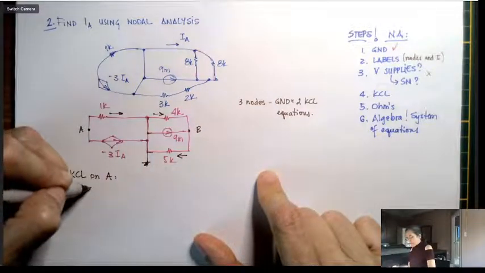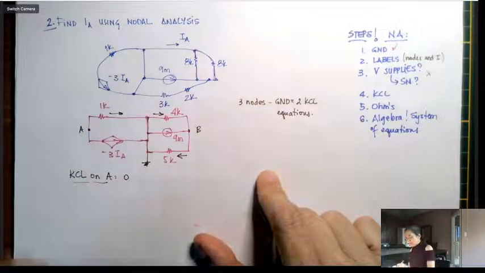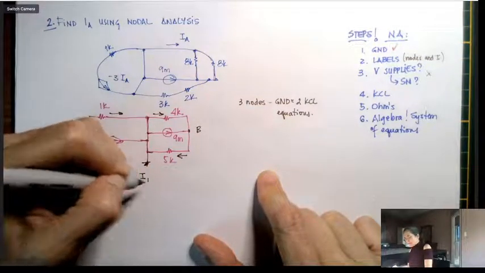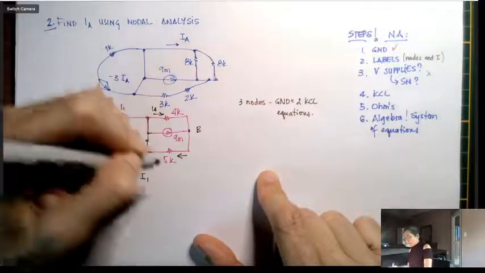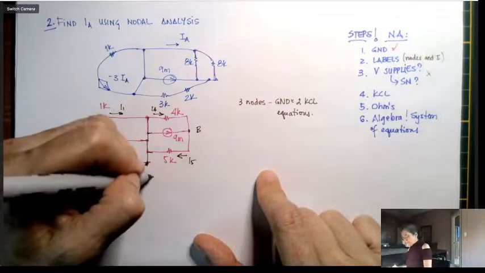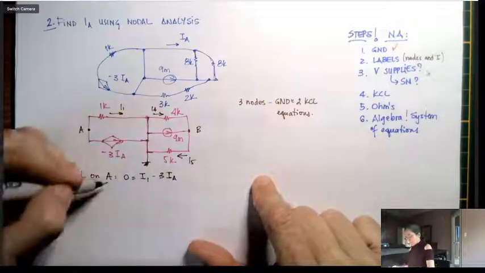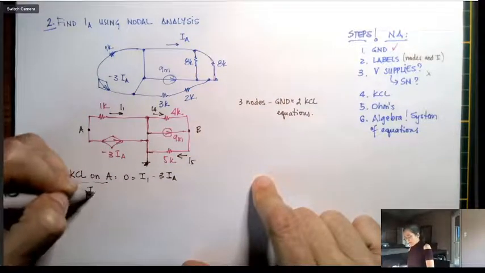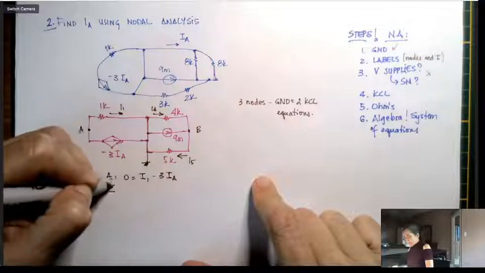So KCL on A is: no currents coming in equals currents coming out, I1, I4, and I5. Minus 3 IA. Whoops. IA is I4.